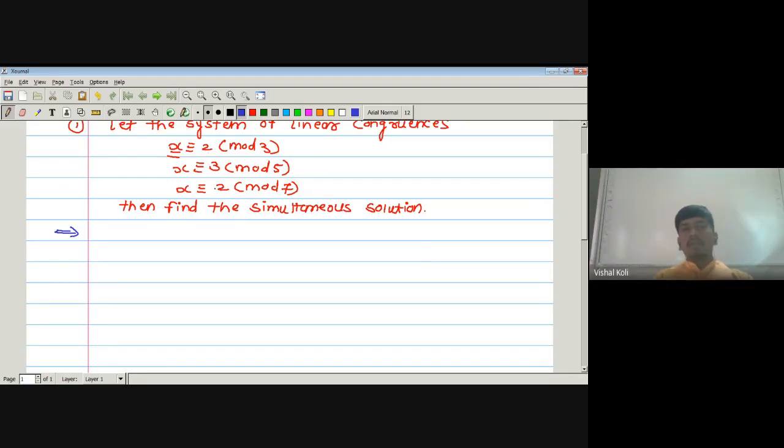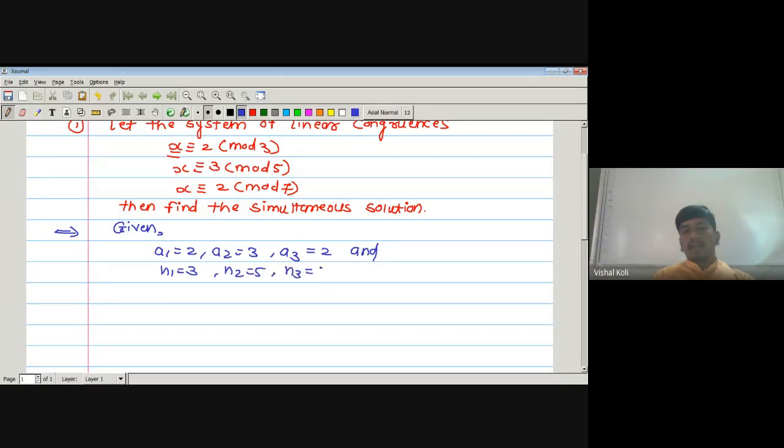This is given by comparing this with the given system, that is x is congruent to a1 modulo n1, x is congruent to a2 modulo n2, up to x is congruent to ar modulo nr. We get a1 is 2, a2 is equal to 3, and a3 is equal to 2, and n1 equal to 3, n2 equal to 5, and n3 is 7.